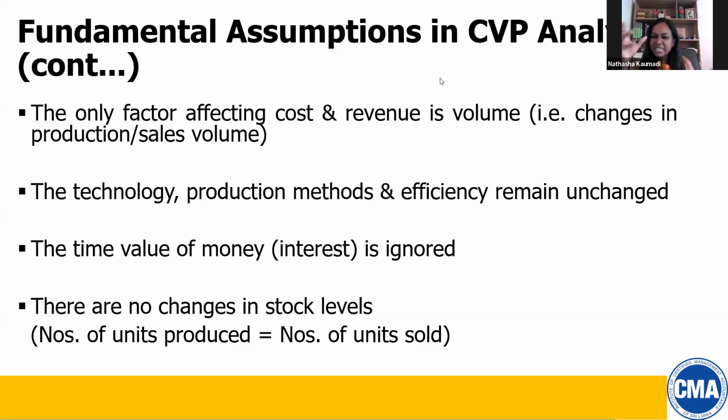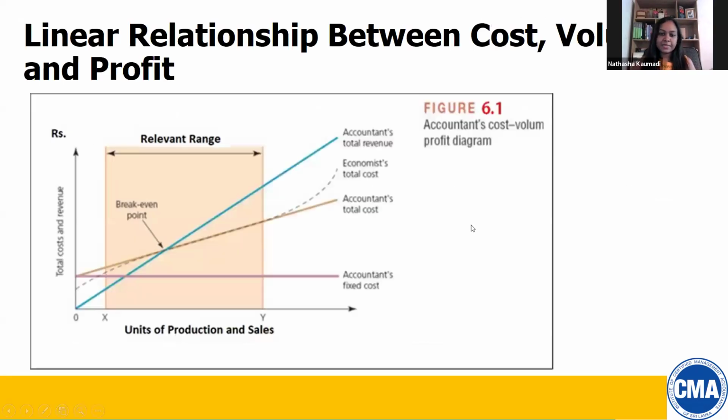So that's why even though we have so many assumptions like this, most of them are true in the short run. Still, we identify CVP as a very good technique because it is very easy, very understandable, with very simple formulas. We can easily get the very important numbers we want in order to make decisions. So we'll see how it goes. Those are the assumptions, those are the limitations of CVP analysis.